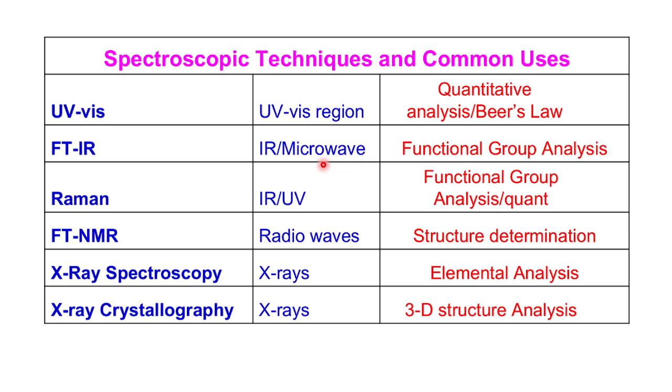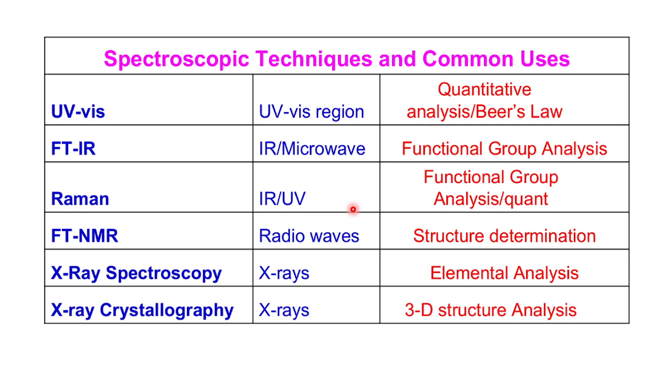For Raman, this is also a functional group analysis technique, and it is a quantitative analysis technique. For Raman we need UV or visible light, and basically a laser is used. It's not a spectrum of light, it is a single wavelength of light that is required for Raman.